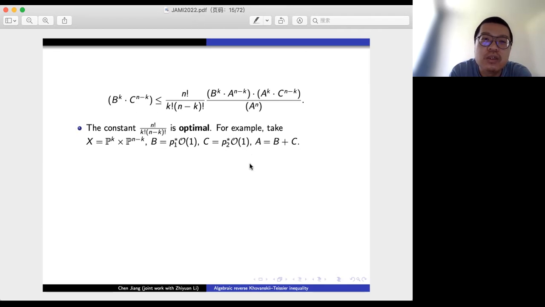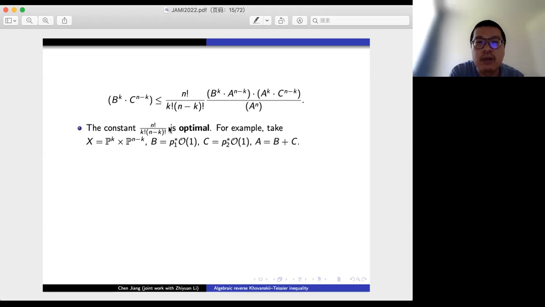Okay, so that means we can take the equality in some cases. But also this kind of example predicts that when B and C are ample, this inequality may be strict, right?